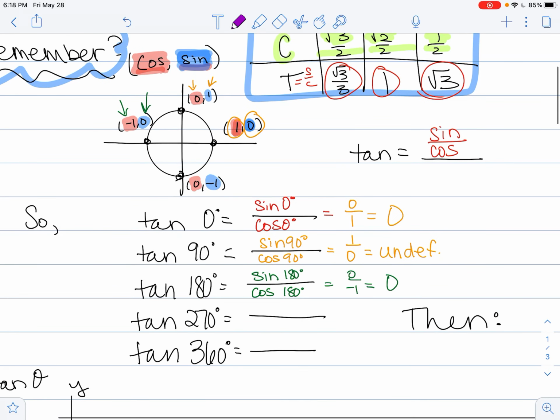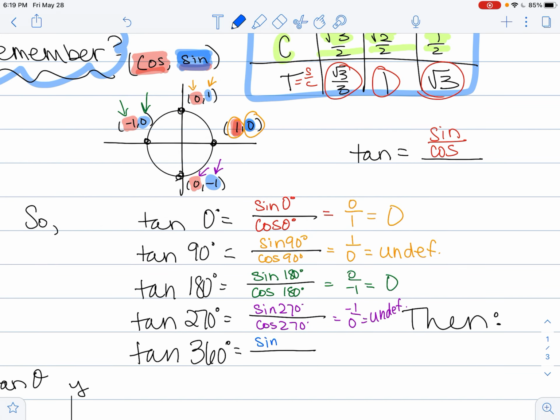And if we look at tangent of 270, it's sine of 270 over cosine of 270, which is sine is -1 all over cosine is 0. Again, we're undefined. And then we know how the last one's going to go. Tangent 360 is really sine 360 over cosine 360, which is 0 over 1, which is, again, 0.